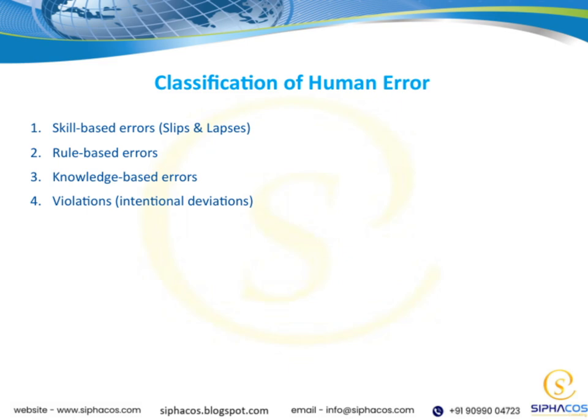Lastly, we have violations, which are deliberate deviations from established rules or procedures. Understanding these categories helps us identify the root causes of errors and develop better strategies for prevention. Recognizing the different types of human error is essential in improving safety and performance across various fields.